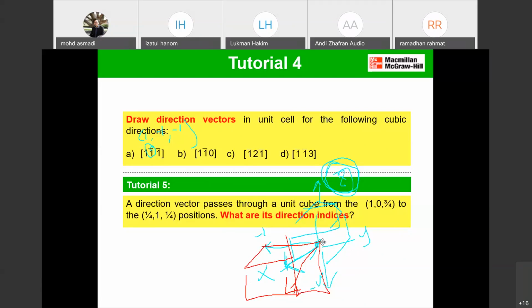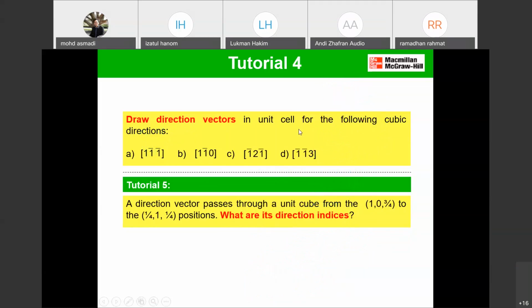Just find your origin first, by sketching x, y as well as z, and then you can determine the new origin. Is it answering your question? Oh yes, doctor. Thank you, doctor. Yes. So just define your origin here first, the position 0, 0, 0. Then you can define your new origin.